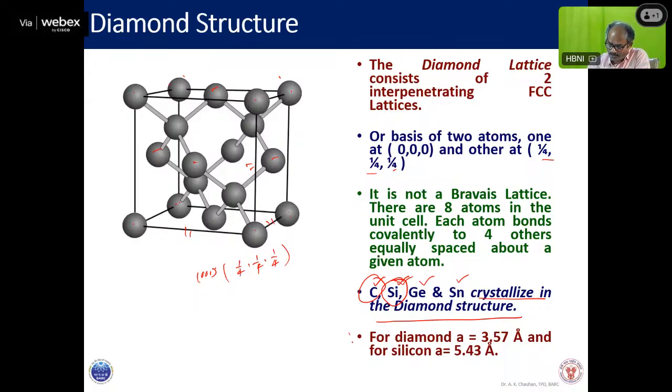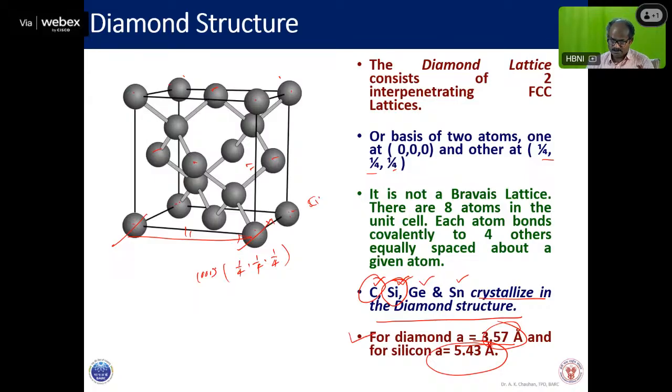Now, for diamond, the value of A, this distance, is 3.57 angstrom, and for silicon it is 5.43 angstrom. If you want to visualize the silicon crystal structure, it is exactly similar, where this atom is silicon, and in the diamond structure this atom is carbon.